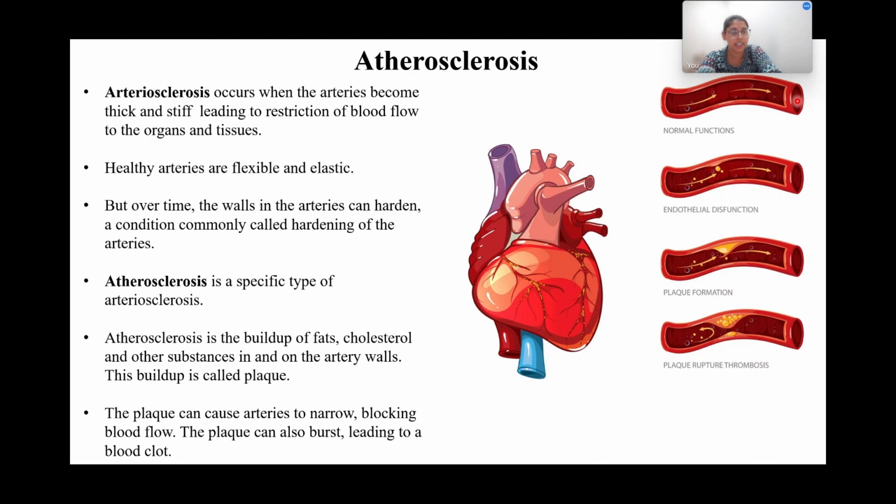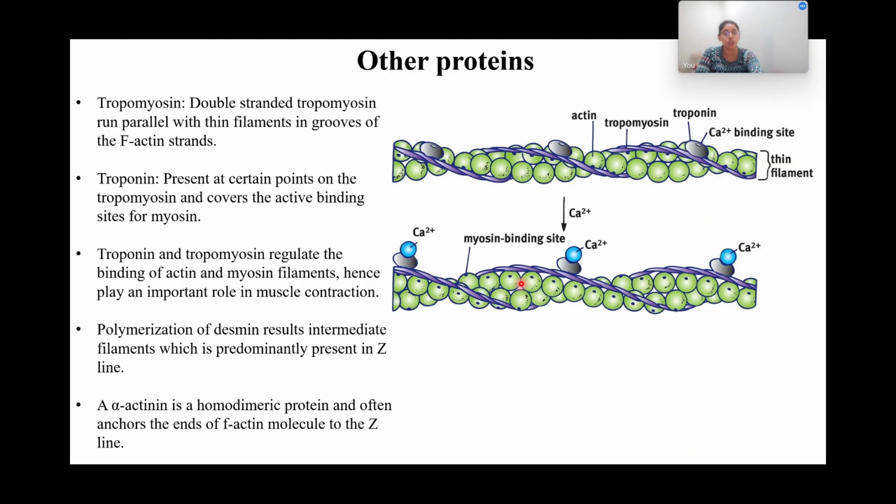So basically they are masking the myosin binding site. In normal condition, your actin and myosin are not interacting with each other, and they're regulated by tropomyosin and troponin. Other than that, you have desmin, which is present at the Z line, and alpha actinin, which is also present in the Z line. So we'll see what that means.